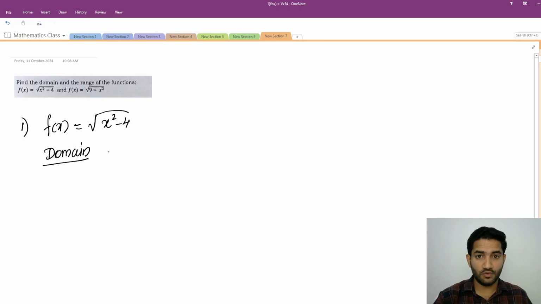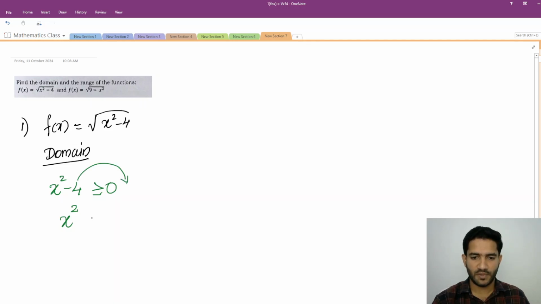For a real number, we know that inside the square root will be positive or 0. So x square minus 4 is positive or 0. That means we can solve this inequality. Taking the minus 4 to the right side, it will be plus 4. X square is greater than or equal to 4.